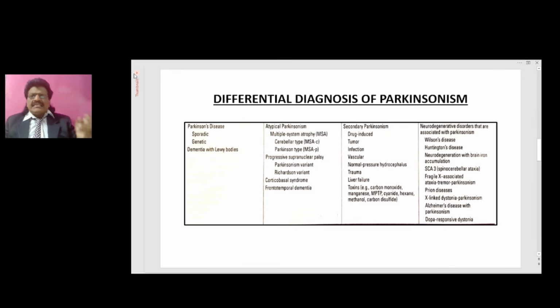Then we have secondary Parkinsonism, secondary to some other cause. What are they? It could be drug induced, tumor, infection, vascular, normal pressure hydrocephalus, trauma, liver failure, toxins like carbon monoxide, manganese, MPTP, cyanide, hexane, methanol, carbon disulfide.